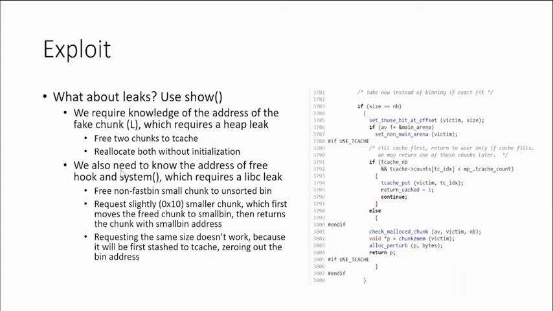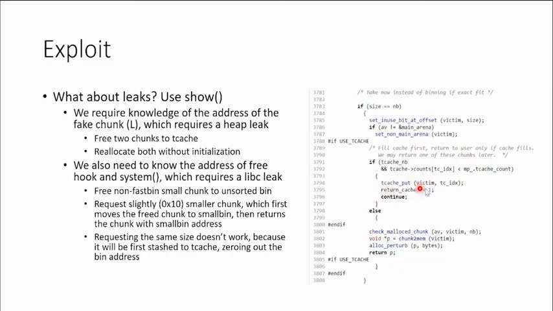There is an issue with requesting the same size, as I mentioned. If we look at the code in libc, we can see that if the size is exactly equal to the requested size, then what happens is we first fill the Tcache, basically copy the chunks over.